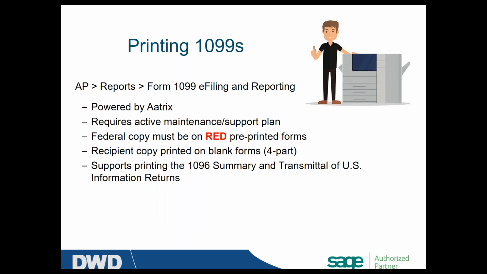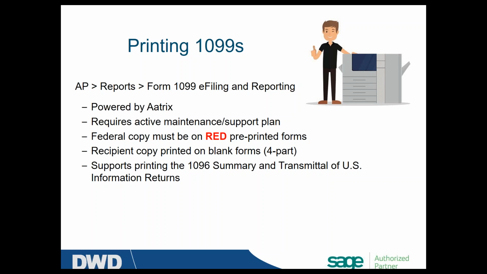In order to get the updates that are required for the current form information, you must have an active maintenance or support plan with Sage. When you go to print the 1099s, you must have the pre-printed red forms for the federal filing.